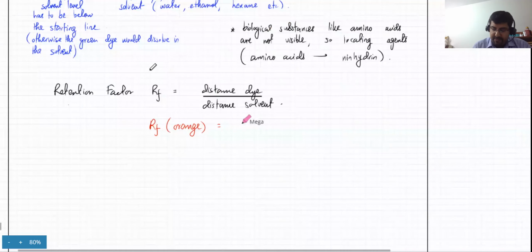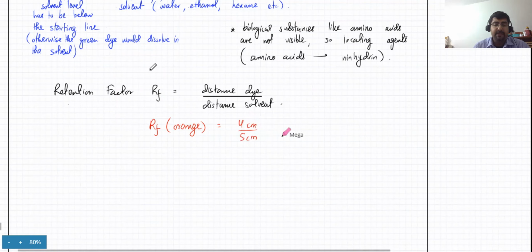So a very specific value, 4 centimeters divided by 5 centimeters, and that gives you 0.8. Okay, that's your RF value.